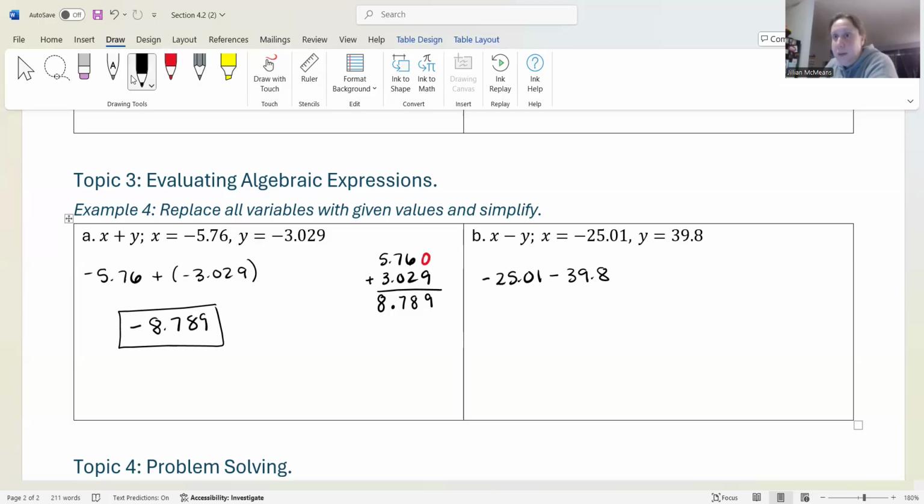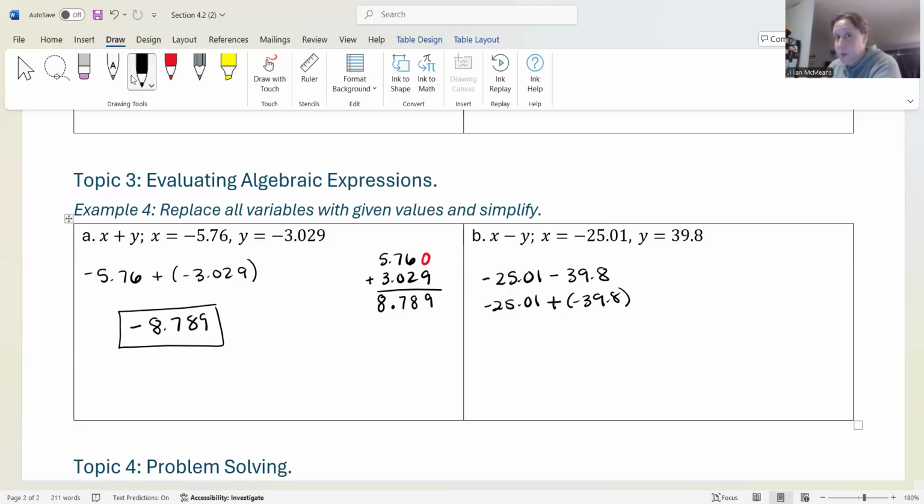And we learned way back in chapter 2 when we were subtracting integers that we could always convert it to an addition problem. And to do that, you keep the first number exactly the same. And then you add the opposite of the second number. Here we're subtracting positive 39.8. We want to do the opposite of that, which is to add negative 39.8.